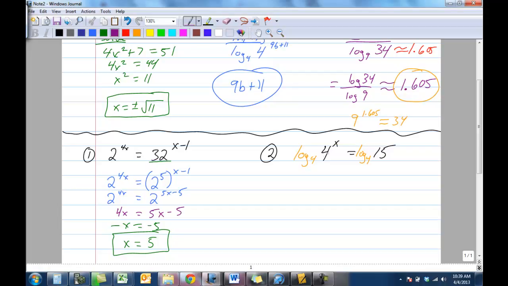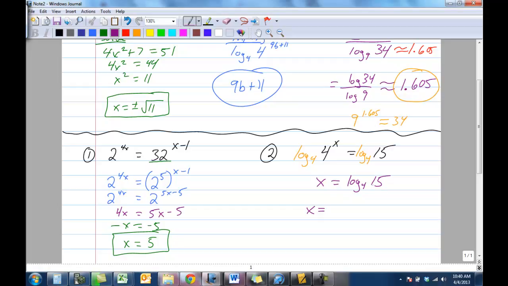So log base 4 of 4, those cancel, you're left with x equals the log base 4 of 15. Right? So, in order to figure out what number is an approximation, rather, of x, now we do the change of base.